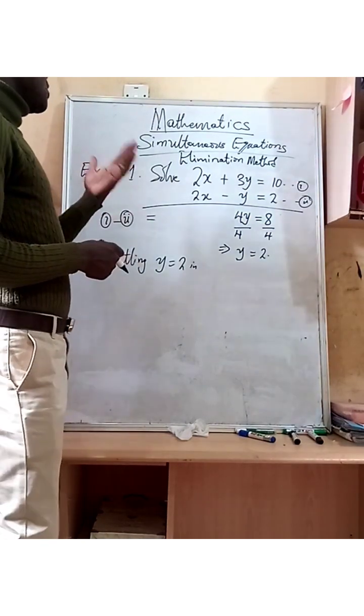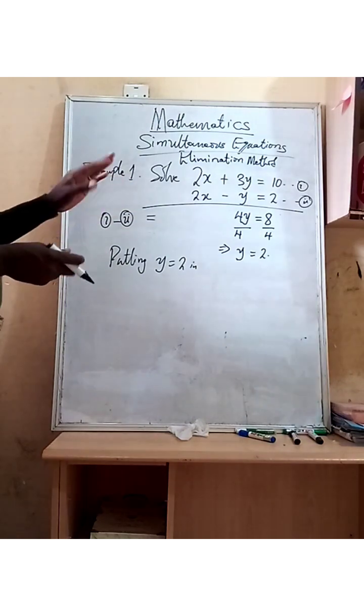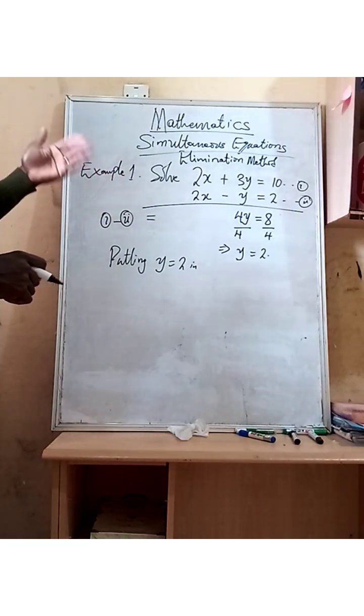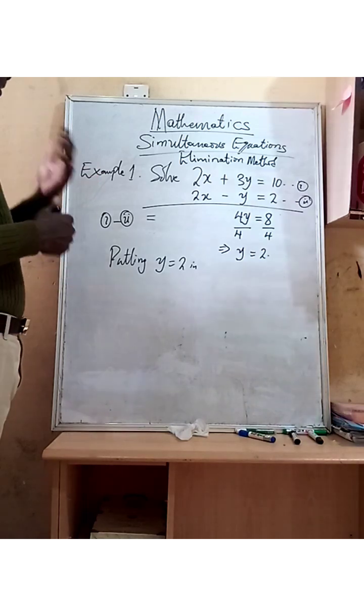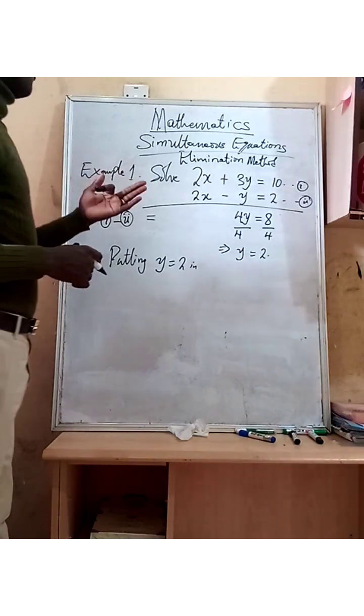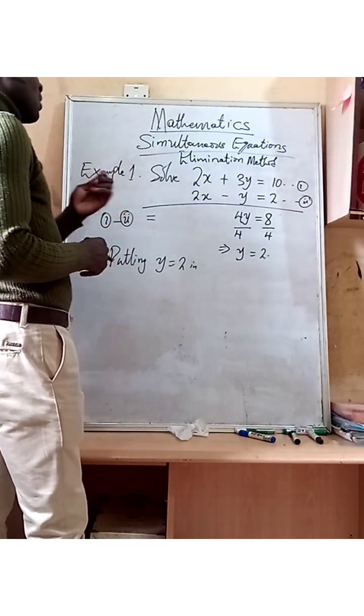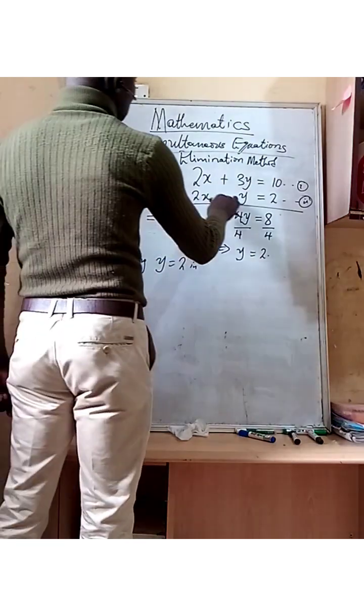In any case, when you become good at it, it really doesn't matter where you apply it. But at the stage where you are still learning, I advise that you put it in the equation with the smaller number. In this case, this equation is smaller.